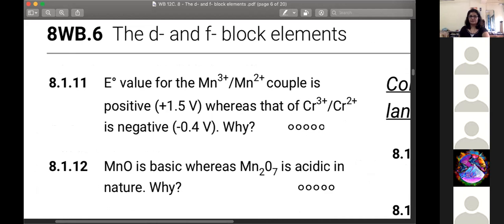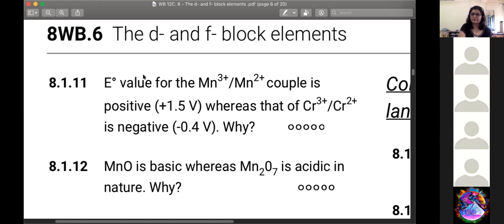Is there anybody else who is not able to see the PDF, or is it visible to all? Visible, ma'am. Properly visible. Okay, fine.